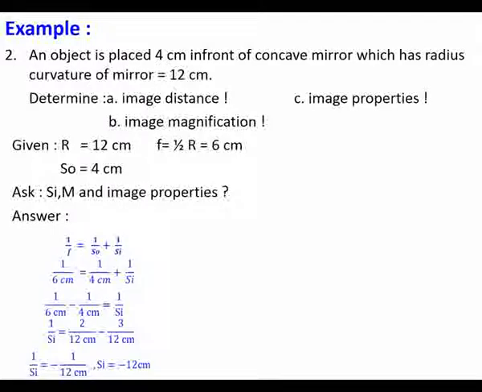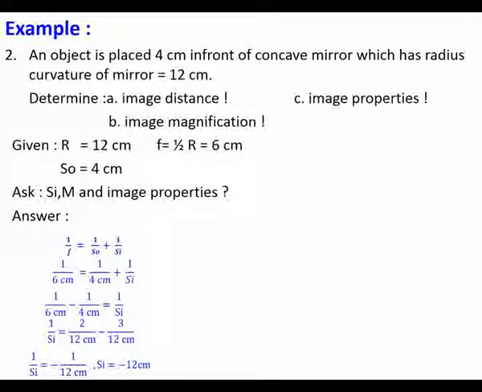For question A, image distance SI, from the problem, given F 6 centimeters and SO 4 centimeters. Using the formula 1 per F equals 1 per SO plus 1 per SI, we get 1 per 6 centimeters equals 1 per 4 centimeters plus 1 per SI.